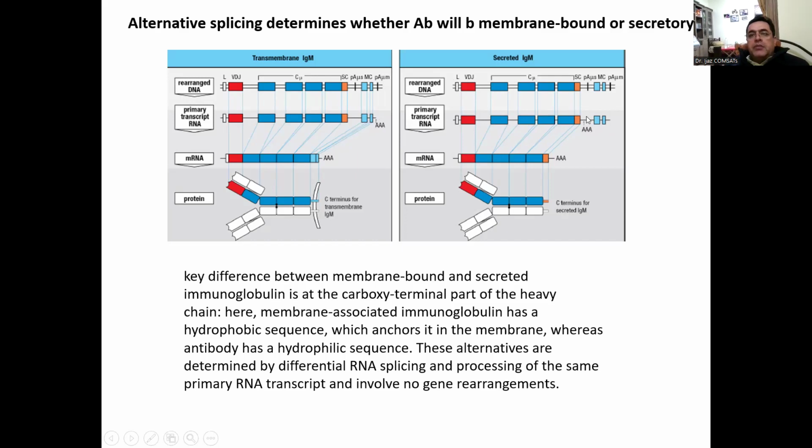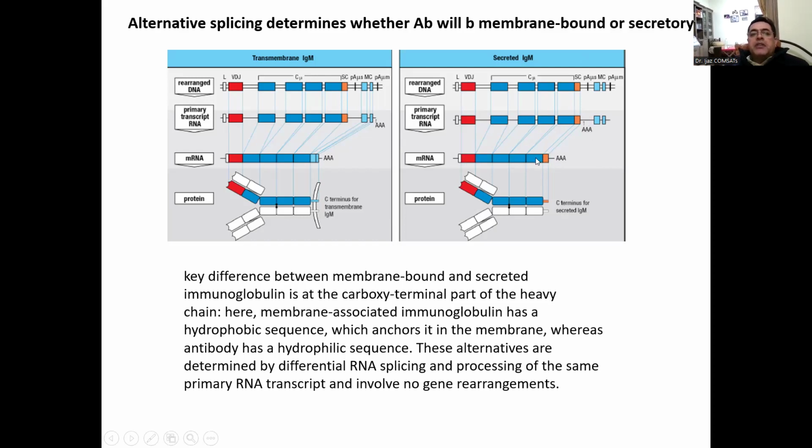This part is spliced out right after the poly A tail, because the poly A tail is the end of any RNA molecule. So as the MC sequences are lying beyond the poly A tail, they are taken out by different enzymes from this mature transcript.